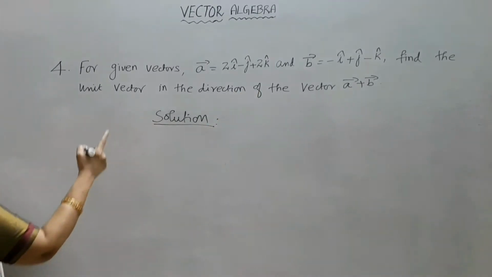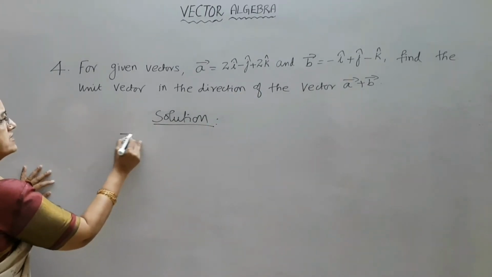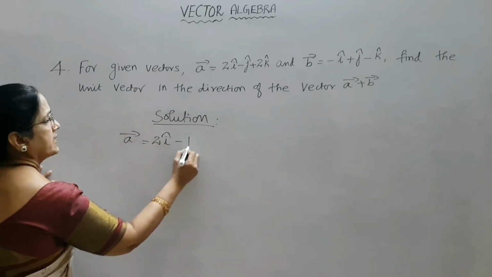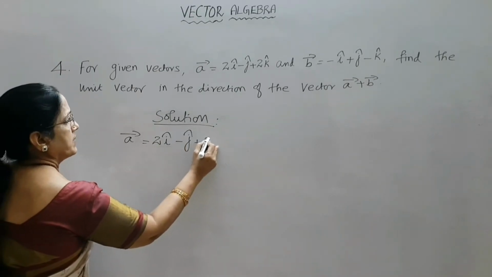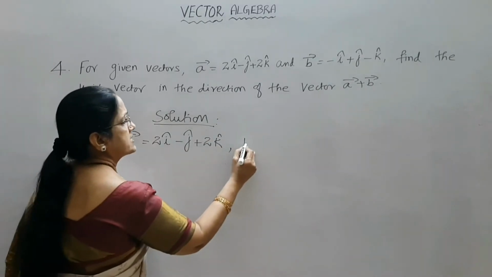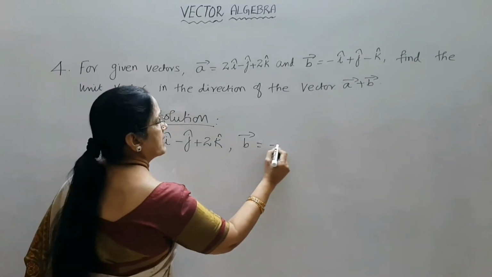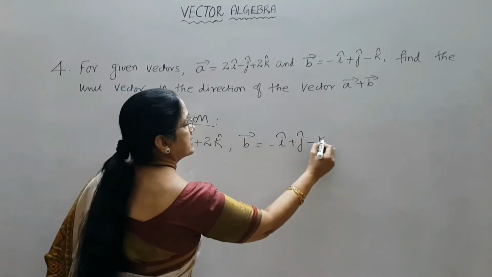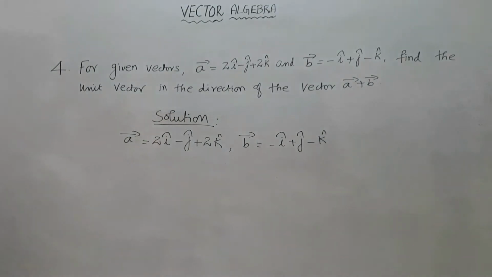Now, you have been given a vector is equal to 2i cap minus j cap plus 2k cap, and b vector is minus i cap plus j cap minus k cap.